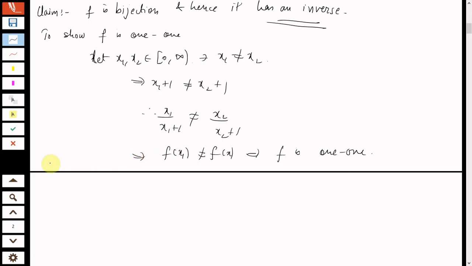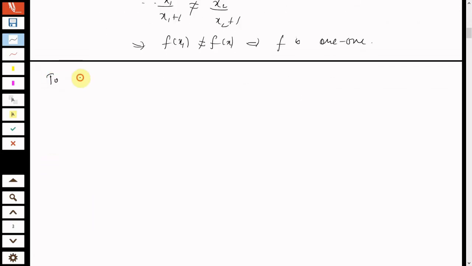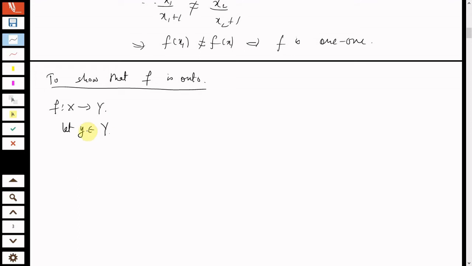Secondly, to show that f is onto, now we know that f is a function from X to Y. So I'll take any point in Y. I need to produce a point in X which acts as a pre-image for this y. That's the whole idea. Now, what is Y in this case?